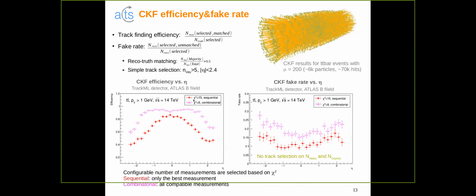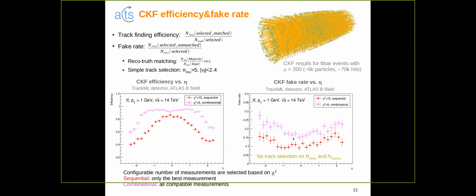But since we have some cuts, we lose some hits and then have some efficiency loss. Okay, thank you. So it really depends on the selection criteria. And these are just some very flexible example cuts.